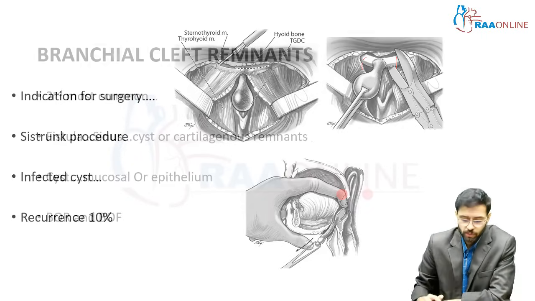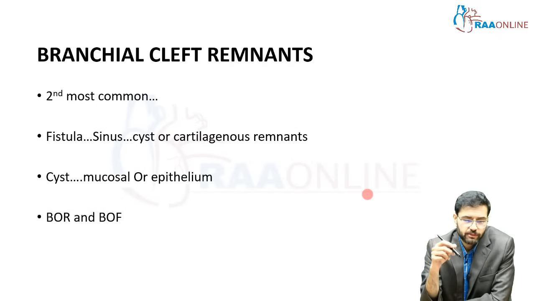Branchial cleft remnants are the second most common types of cysts and sinuses in the neck. They can be either a cyst, sinus, fistula or even cartilaginous remnants. Cysts usually have a mucosal or an epithelial lining. There are two important syndromes associated with branchial cleft remnants.